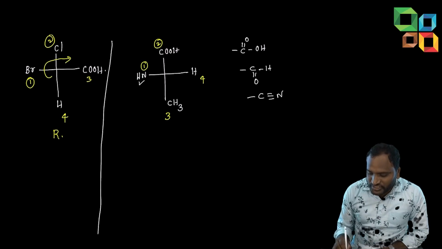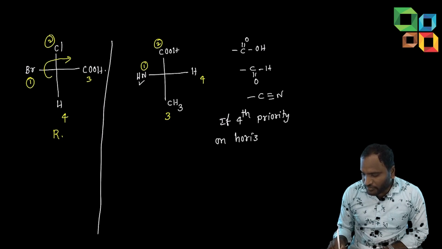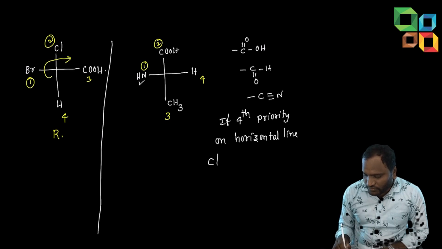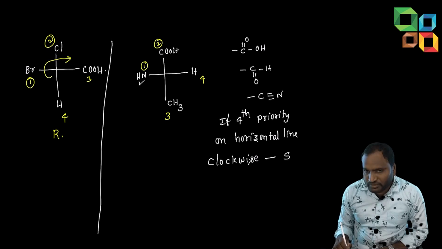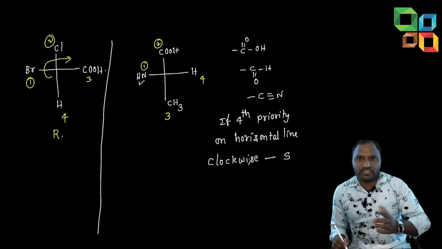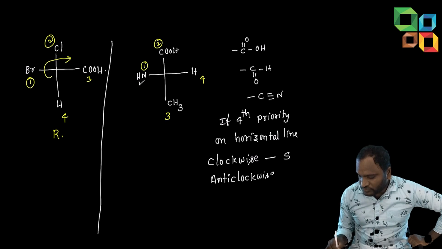If the least priority, fourth priority, is on the horizontal line, then the configuration will be reversed, students. Clockwise gives S configuration. This is the last rule. Means it will be reversed. One if you remember, next one will be anti-clockwise gives R configuration. These two things if you remember, over.